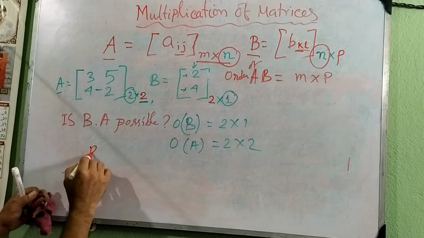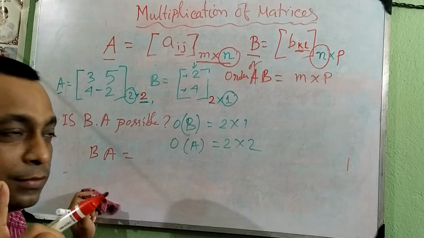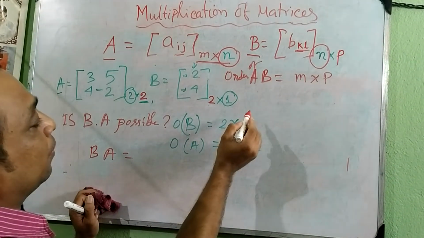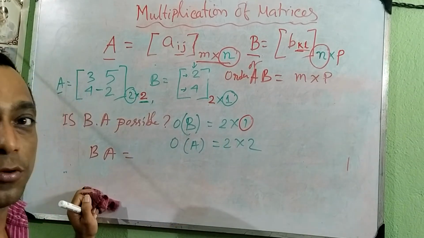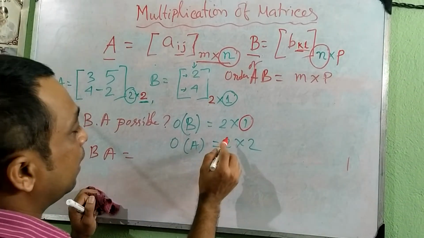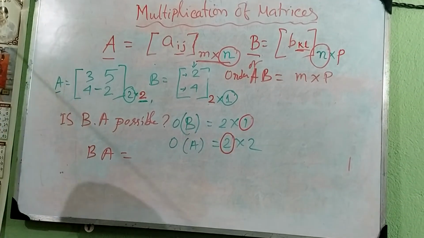The product is possible when the number of columns of the first matrix is the same as the number of rows of the second matrix.